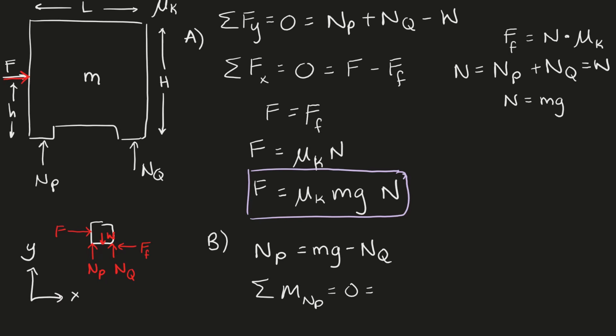So then we have NQ times L, the distance there, and that's going around in a clockwise direction, therefore that's going to be negative.